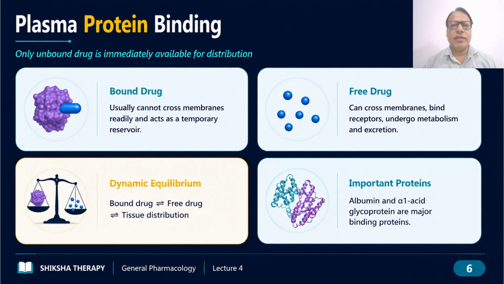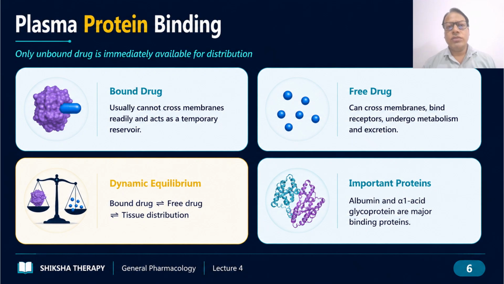Now let us understand plasma protein binding. In the blood, drugs may exist in two forms, bound drug and free drug. The bound drug is attached to plasma protein and generally cannot cross biological membrane rapidly. It acts as a temporary reservoir. The free or unbound drug can cross membranes, it can enter tissue, or bind to the receptors and undergo metabolism and be excreted.